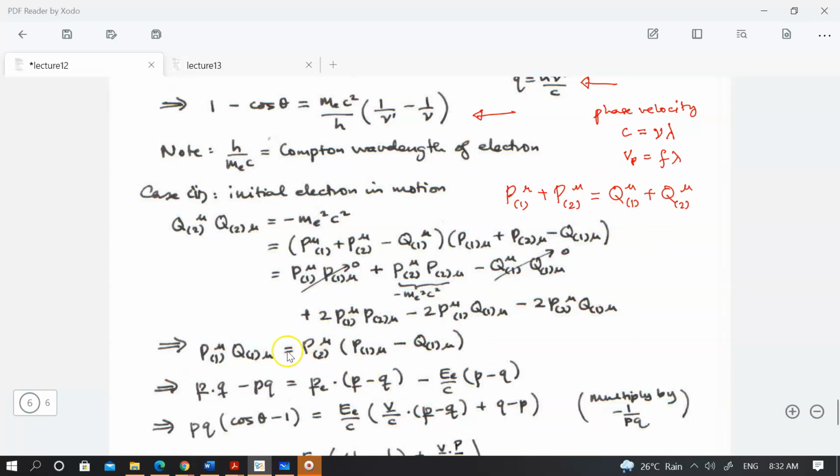So you can get this term coming from the other cross terms. So now one can start to put in the components of these momenta.